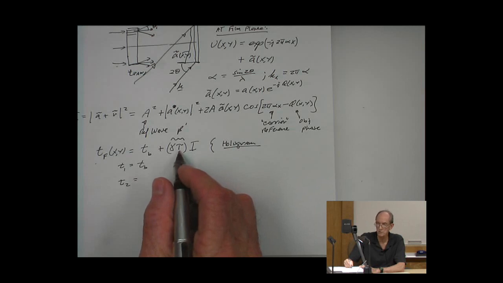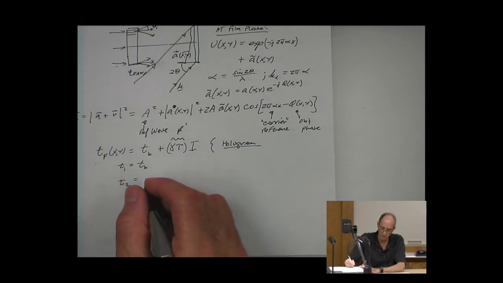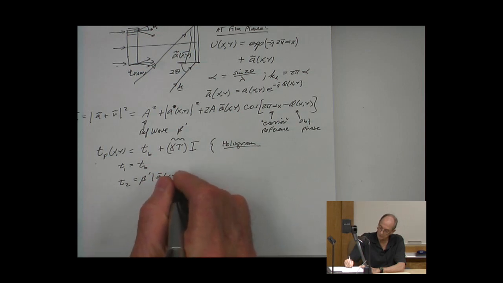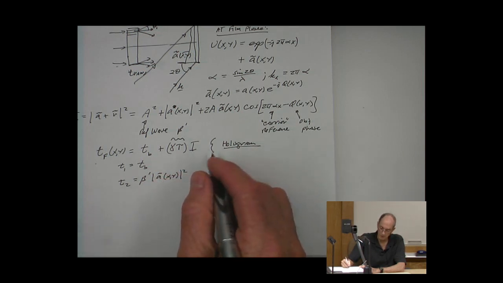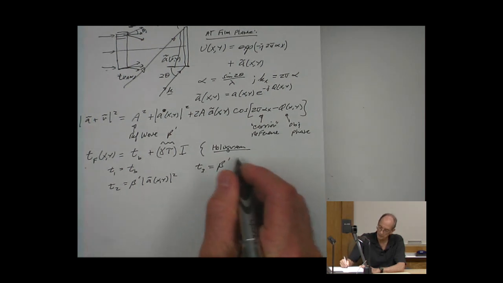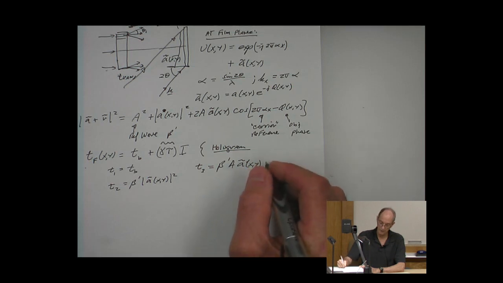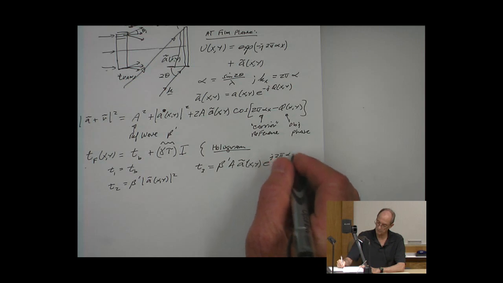This is like the exposure time, and that's the gamma, the linearity of the film response. So we then have beta prime times A of xy for the second term, quantity squared, and then we have T3, the third transmittance component, is, again, beta prime A times A for the object amplitude times e to the j 2 pi alpha x.